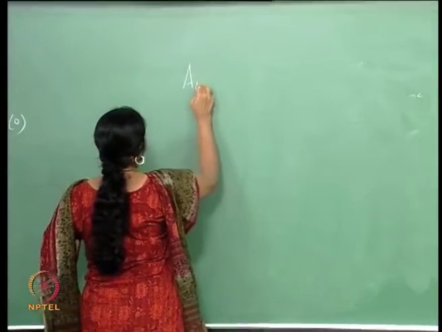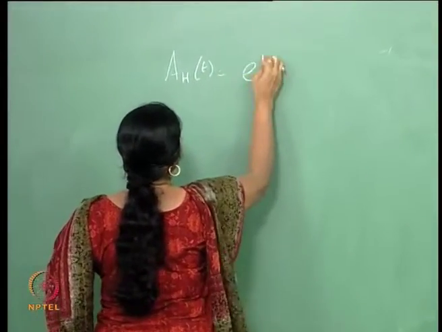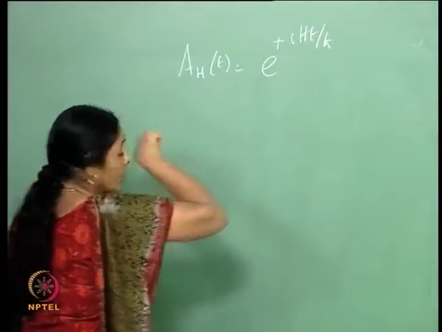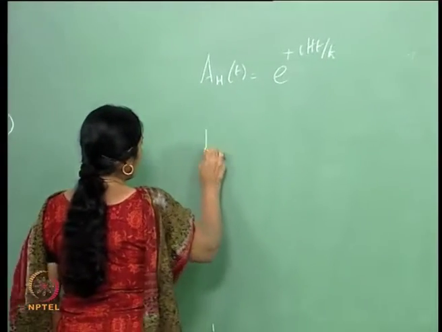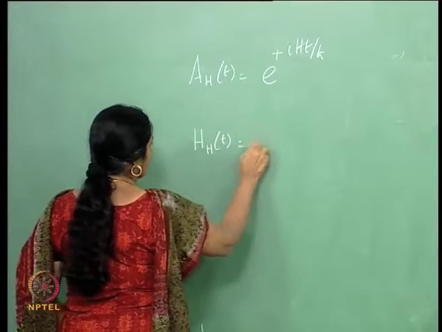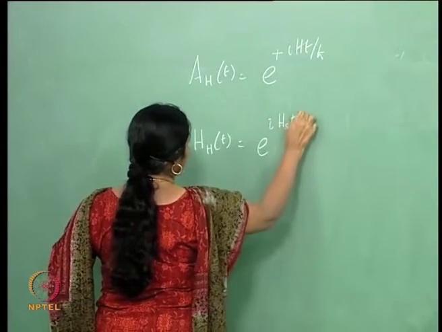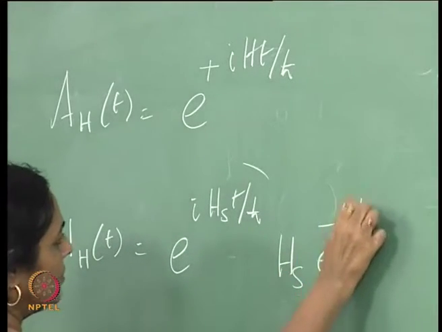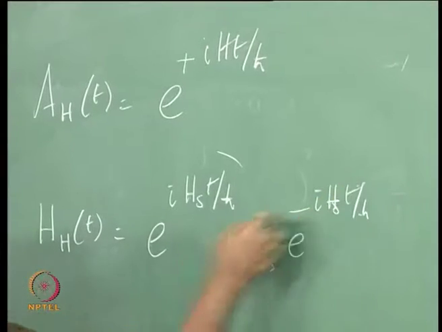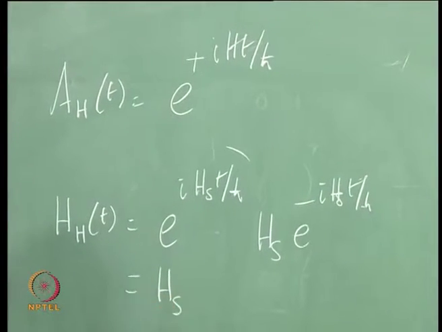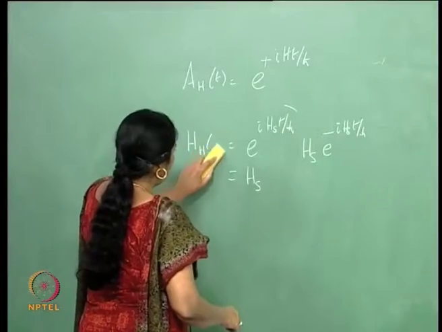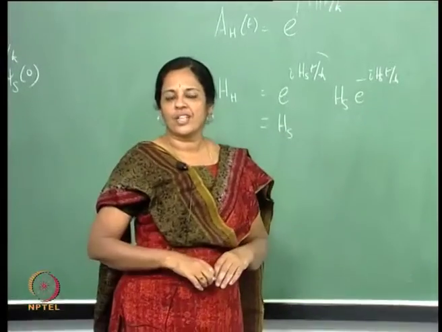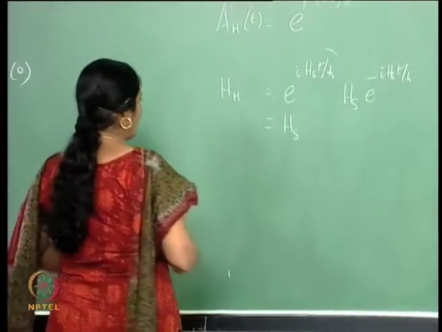I have A H of t is U inverse, so e to the i H t by h cross. Remember, by this token, what is the Hamiltonian in the Heisenberg picture? It is e to the i Hamiltonian in the Schrodinger picture. This is U inverse H S U, and since things commute with each other, that is just H S. So, the Hamiltonian therefore is not a function of time and continues to be the same, be it the Schrodinger picture or the Heisenberg picture.